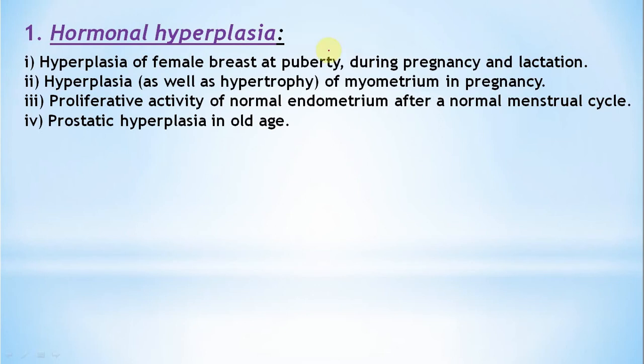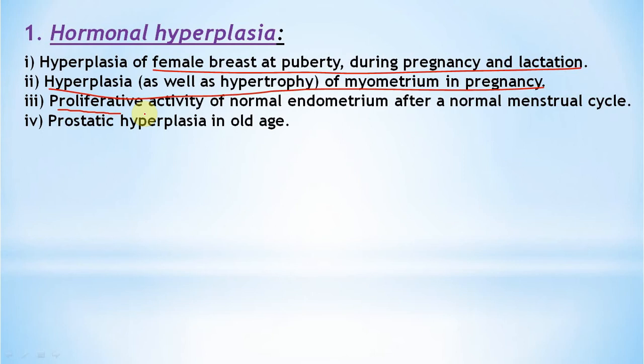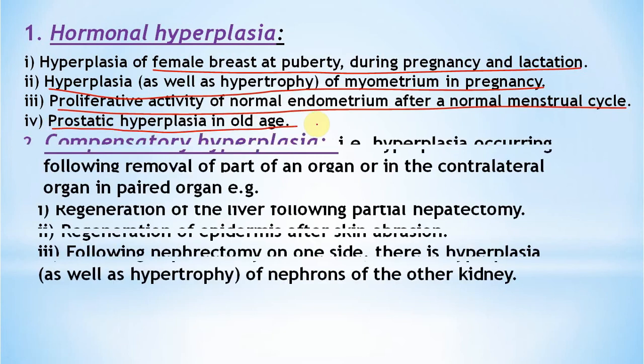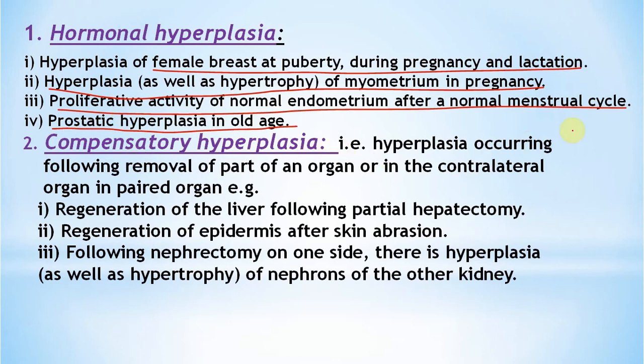Hormonal hyperplasia occurs under the influence of hormonal stimulation, for example hyperplasia of female breast at puberty, during pregnancy and lactation, hyperplasia as well as hypertrophy of myometrium in pregnancy, proliferative activity of normal endometrium after normal menstrual cycle, prostatic hyperplasia in old age.